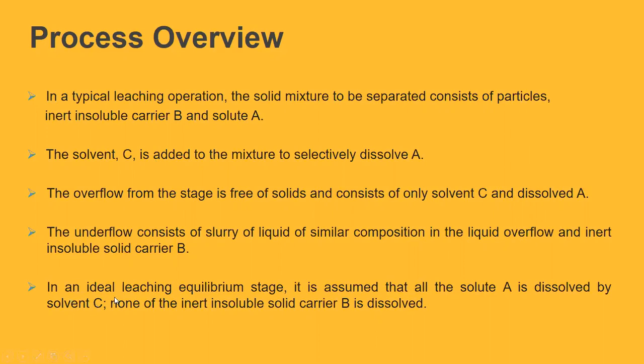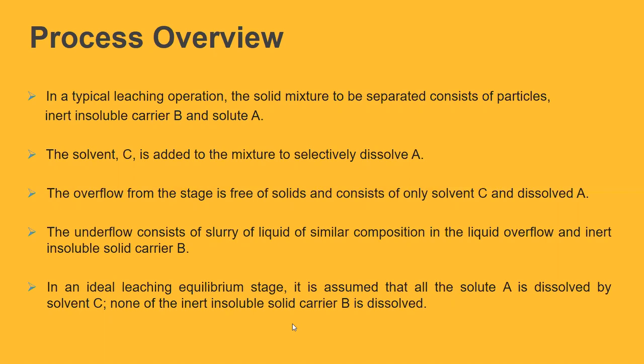Now, in an ideal leaching equilibrium stage, because in leaching we are also using the concept of equilibrium, it is always assumed that all the solute A is dissolved by solvent C, and none of A will be carried by your insoluble solid carrier B in your underflow.